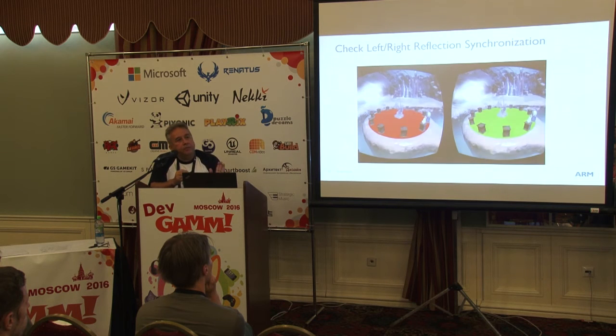So I just passed the eye index to the shader, and for the left eye index I use a red texture, and for the right eye index I use a green texture. And this is a picture that I took from the device, just to show that I was getting a stable picture. So I was in sync. Both left and right reflection cameras were in sync with the left and right main camera eyes.